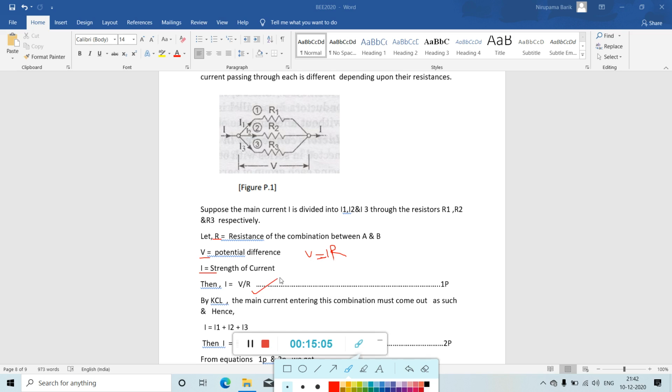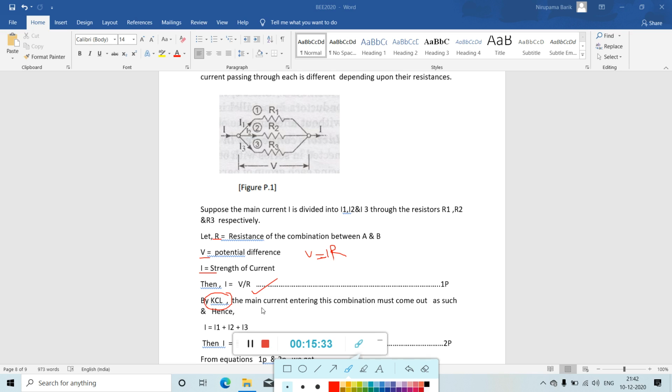Already I told you. And by KCL, Kirchhoff's current law, we will go to this Kirchhoff's law part in the later part. We will discuss this Kirchhoff's current law later. Here you just know in short that by KCL the main current entering this combination must come out.